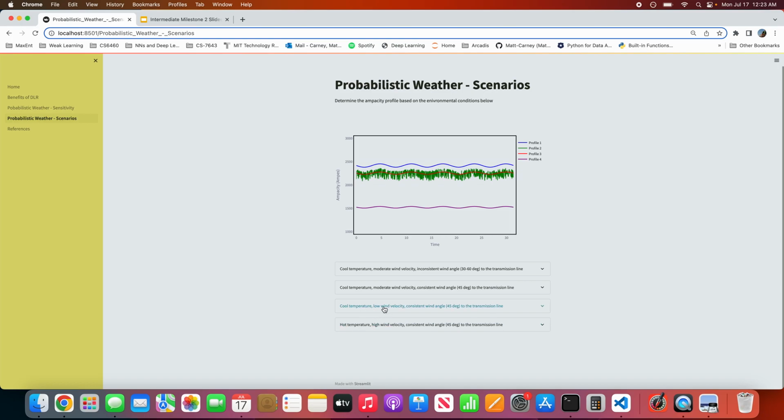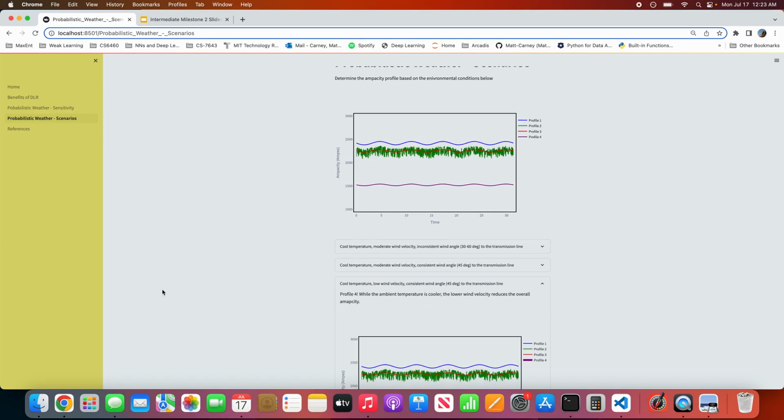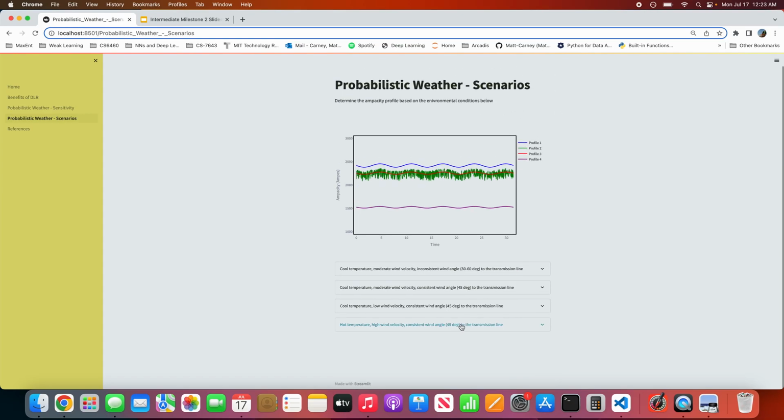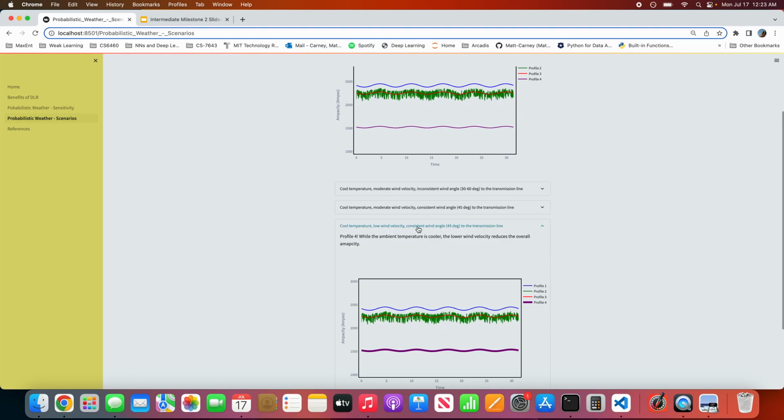A low wind velocity and cool temperature, or a hot temperature and high wind velocity? In fact, the cool temperature, low wind velocity gives you a lower overall ampacity rating. Like it says, while the temperature is cooler, the lower wind velocity reduces the overall ampacity.